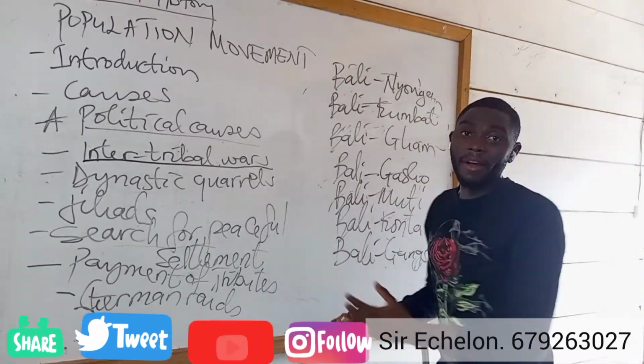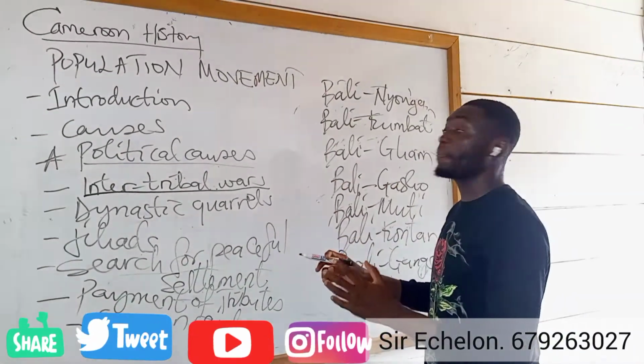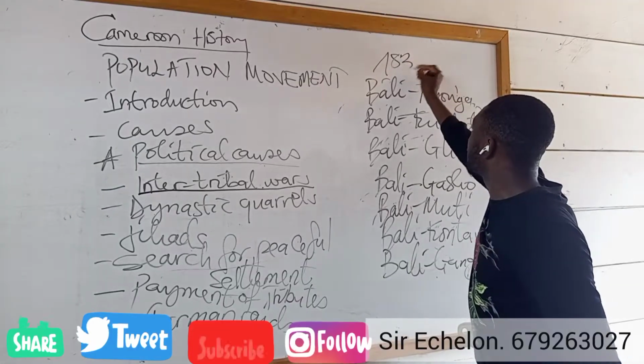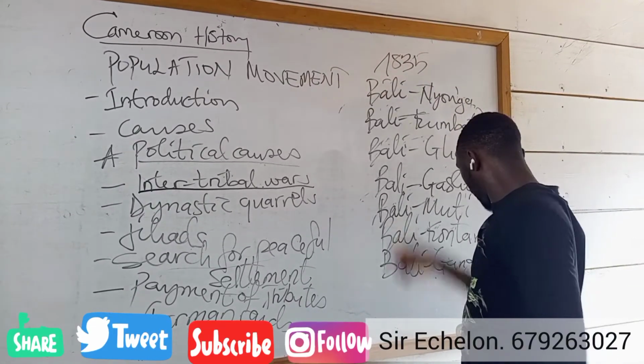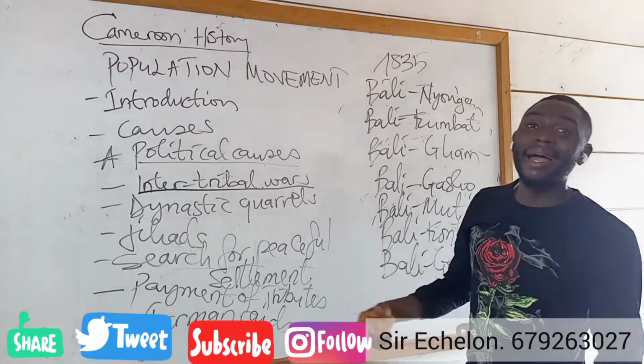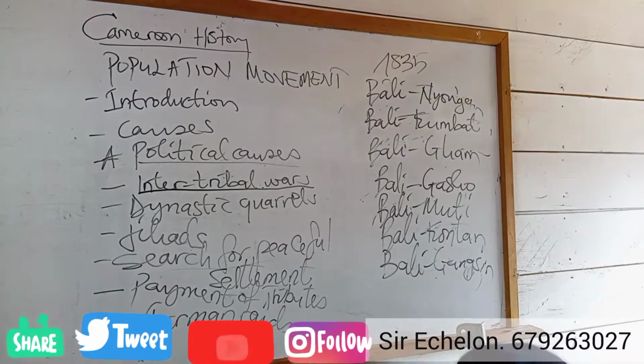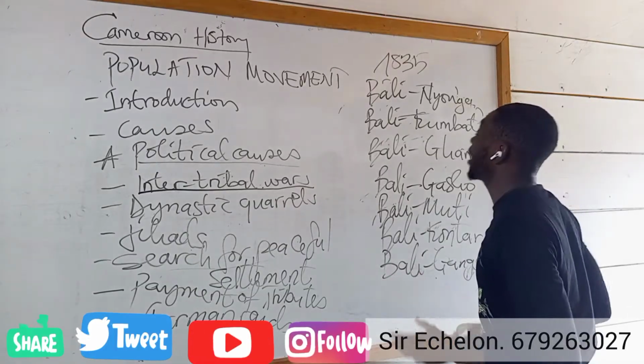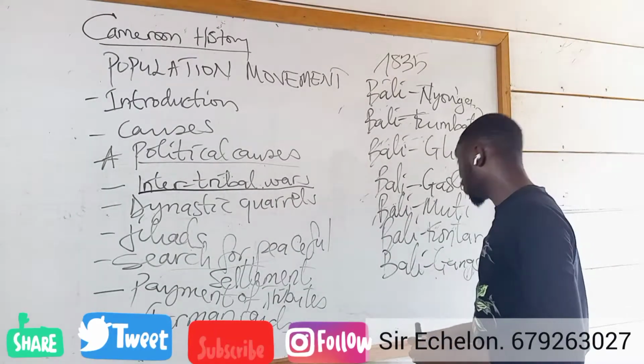These are the 7 different Balis that split off from the Bali Chamba in 1835 when King Gaubert died and rival princes and princesses were fighting to succeed, but they later moved and formed different Bali chambers.